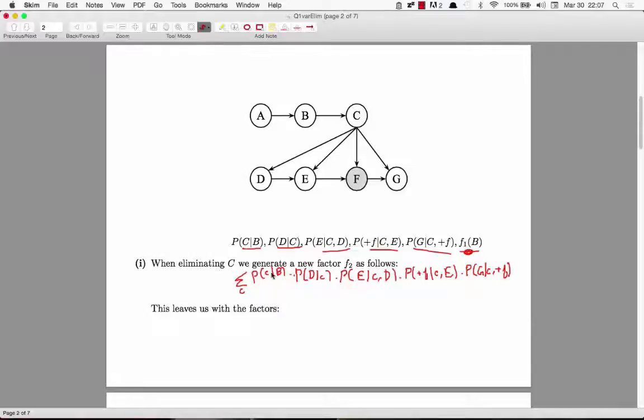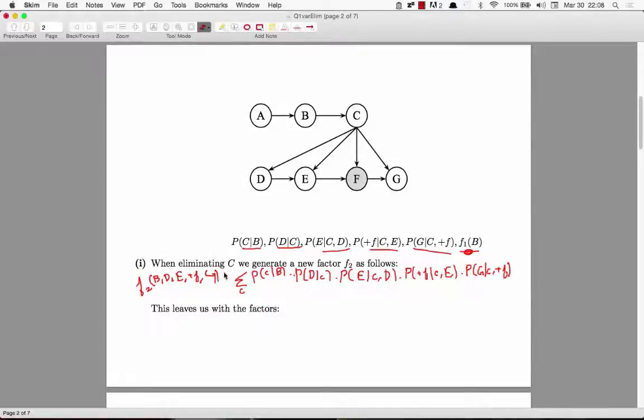So what are the variables that are present in the resulting factor? The variables that are present in the resulting factor are b, d, e, f, and g. So the factor that's generated is of the variables b, d, e, f, and g.